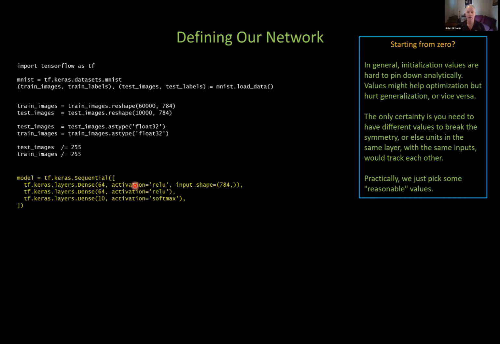So instead, we want some random numbers to initialize them with. Now, what values of random numbers? Should they be from 0 to 1? Should they be from 0 to 100? Should they be from -2 to +2? This is an open question. Again, it's one of those things where the best you can do is take a guess as to what other people seem to be having some success with. And the answer is you want to pick some reasonable values, which turn out to be some standard deviation.